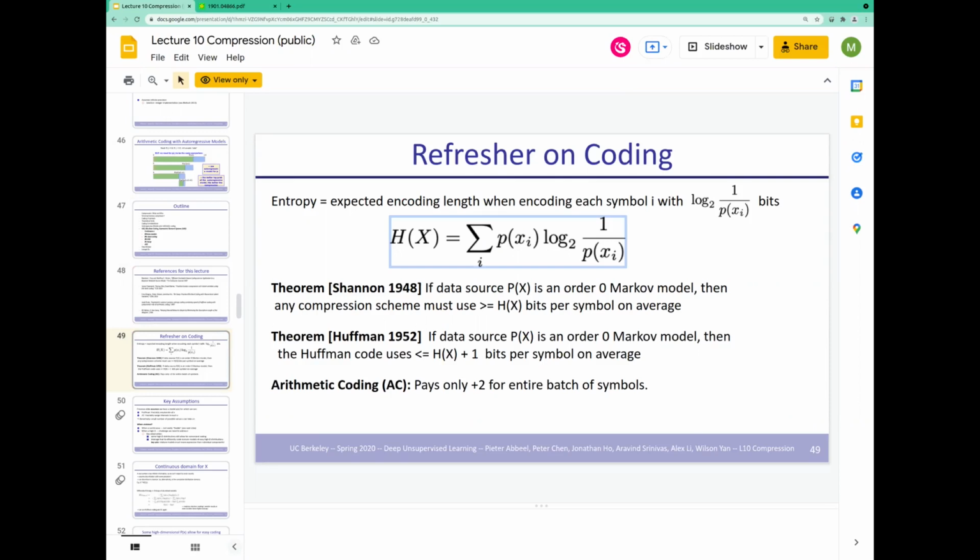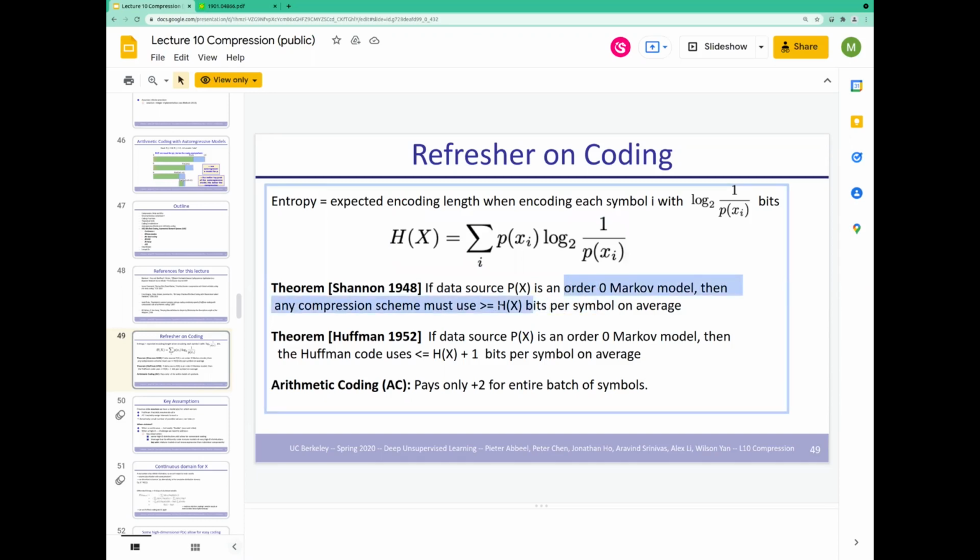If it's a zero order Markov model, then any compression scheme must use greater than or equal to H of x bits per symbol on average. And the bits don't have to be integer. It can be any real number, so it could be 0.5 bits or anything like that.